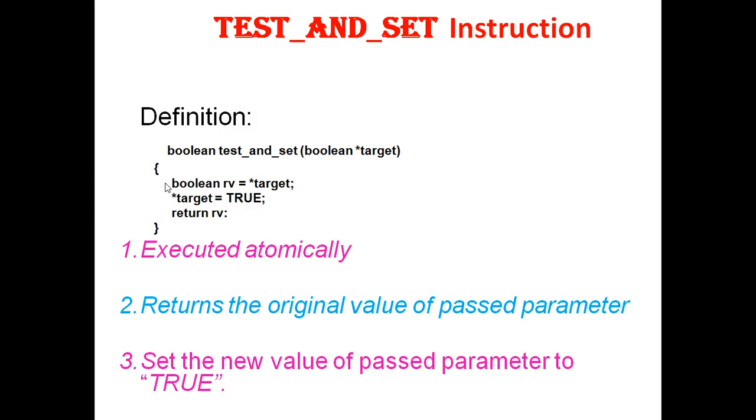Thus, if two test and set instructions are executed simultaneously, then they will be executed sequentially in some arbitrary order. It returns the original value of the passed parameter and sets the new value of the passed parameter to true.